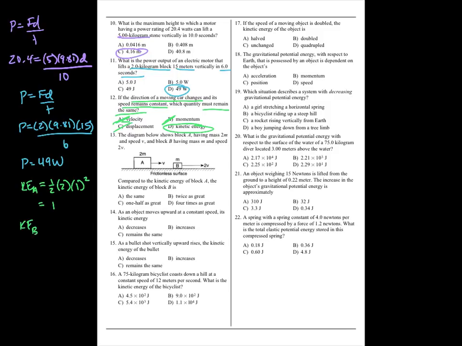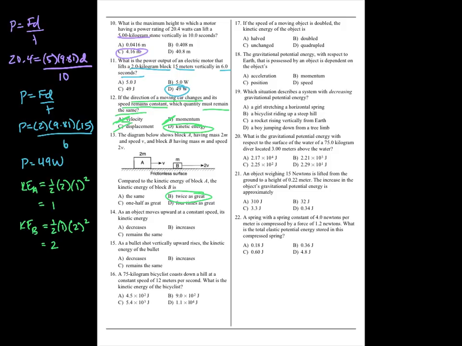Now for object B, it's half the mass, so it's just going to be 1, but it's double the speed, so that's going to be 2. And that'll come out to 2. Notice how much more of an effect the velocity has because it's squared. So block B has twice the amount of energy if you just play around with dummy variables like that.